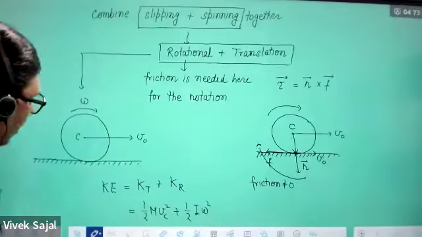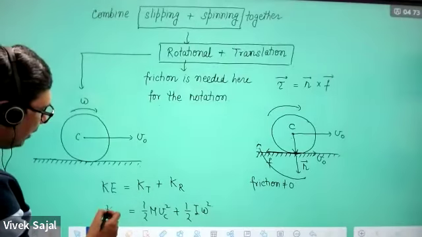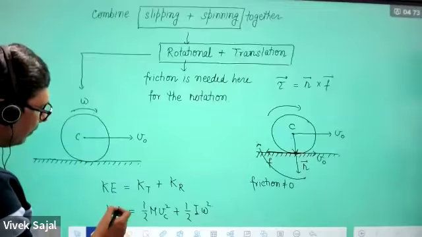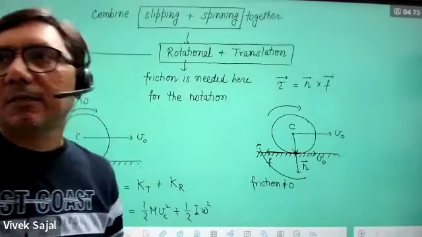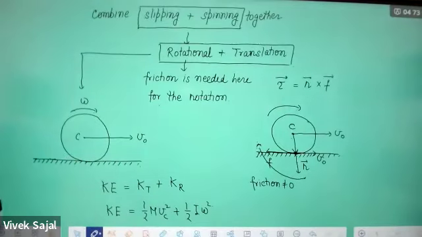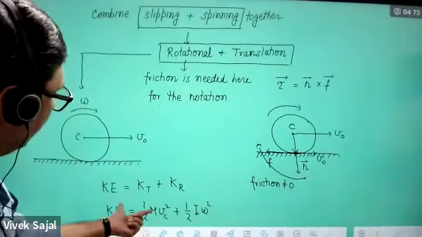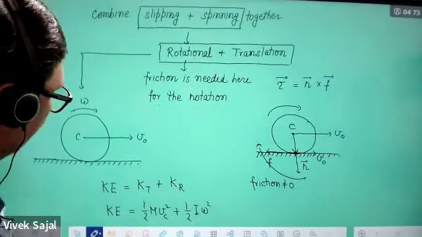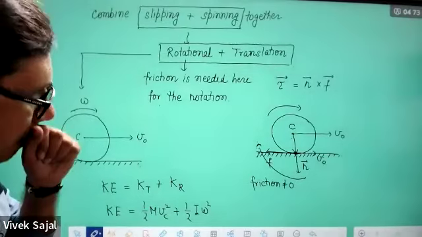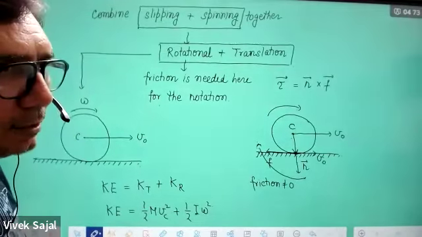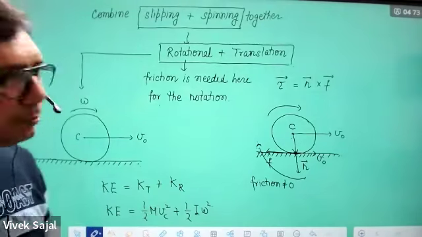This will be the total kinetic energy of the object if both rotational as well as translational motion is taking place, the sum of translational kinetic energy and rotational kinetic energy. Please note it down.